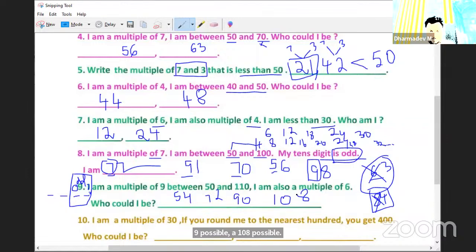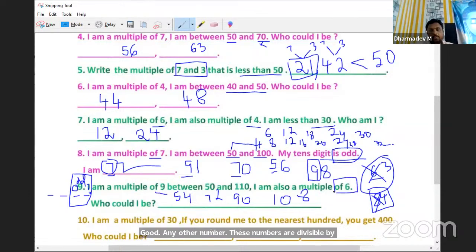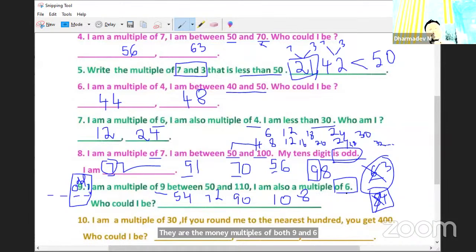Good. Any other number? These numbers are divisible by both 9 and 6, they are multiples of both 9 and 6. It should be a multiple of 9 between 50 and 110, and also a multiple of 6, so it should be even.